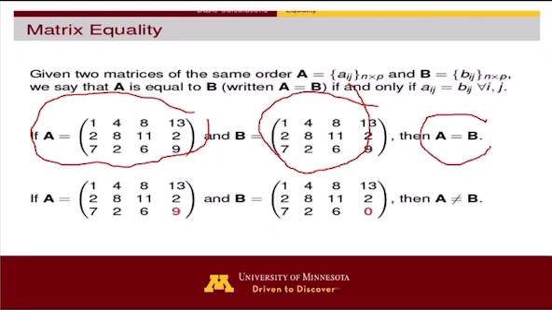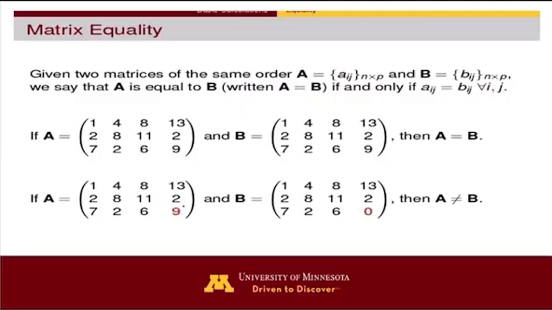But in a situation where there's only one difference, even though every other element is equal except 9 here and 0 here, then I'm going to say the two matrices are not the same, even if the majority of the entries match. Except for one, they are not the same. So this is matrix inequality and matrix equality.